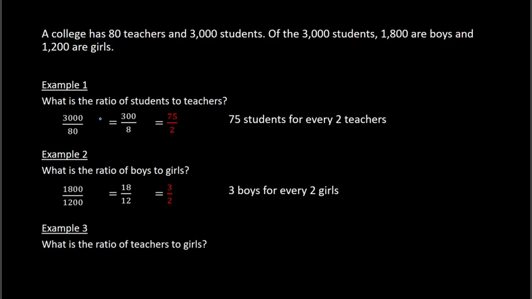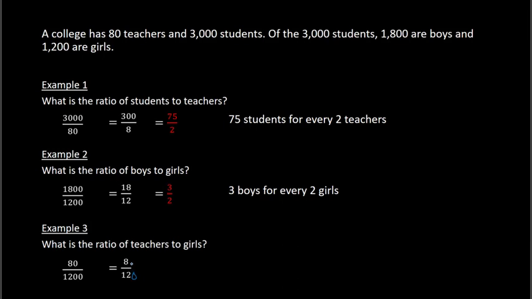A third example would be, what is the ratio of teachers to girls? So there are 80 teachers and 1,200 girls, so the ratio would be 80 over 1,200. And then reduce your ratio, divide the top and the bottom by 10. That gives me 8 over 120. So 8 over 120.